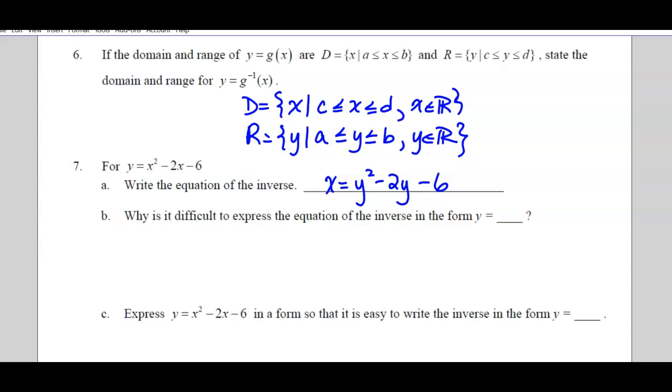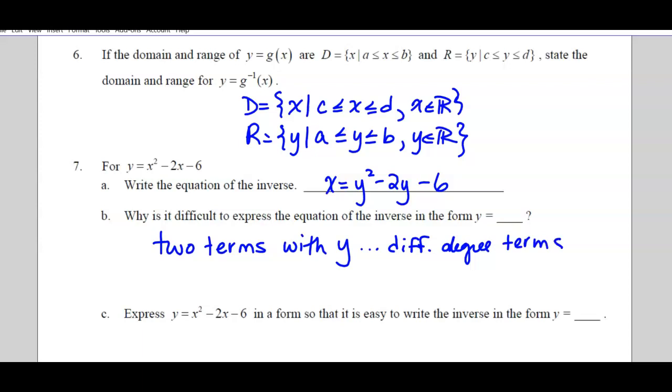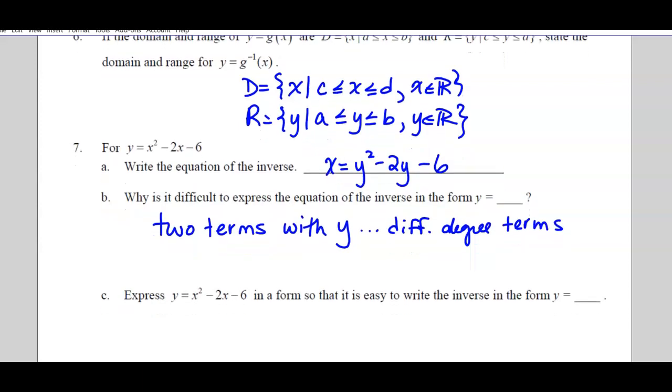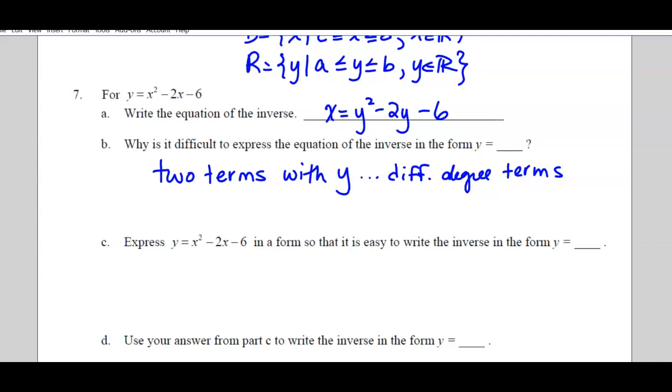Because we have two terms with y in them, different degrees, right? So how can we express that in a better way for taking the inverse? What's the method that we would do to show it in a different way?